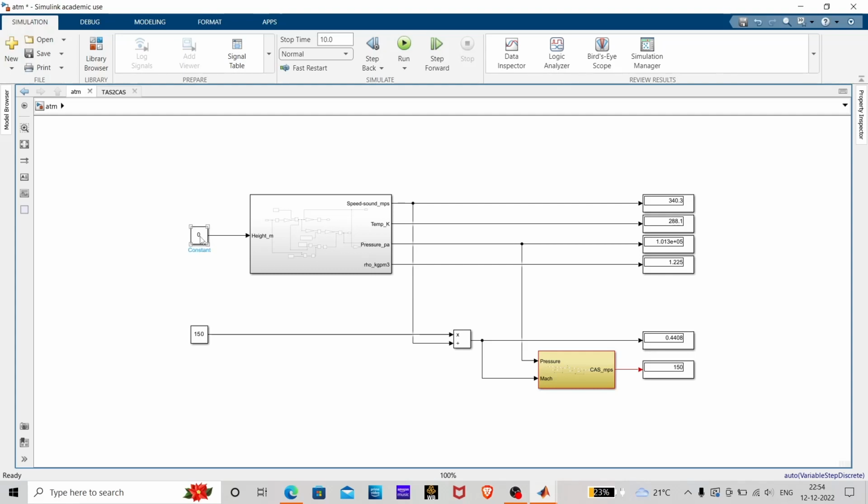This is at 0 altitude because it is sea level, so the true airspeed and the calibrated airspeed are equal.